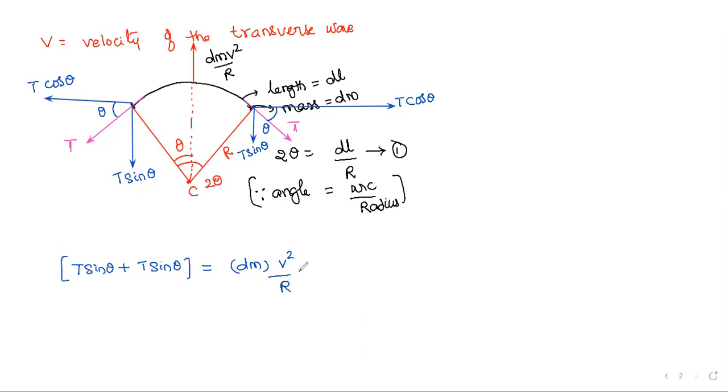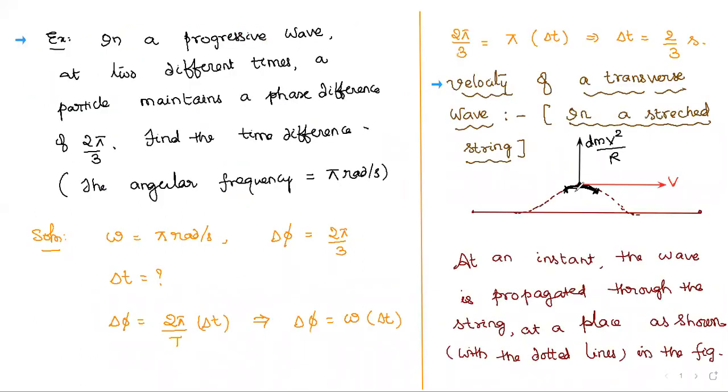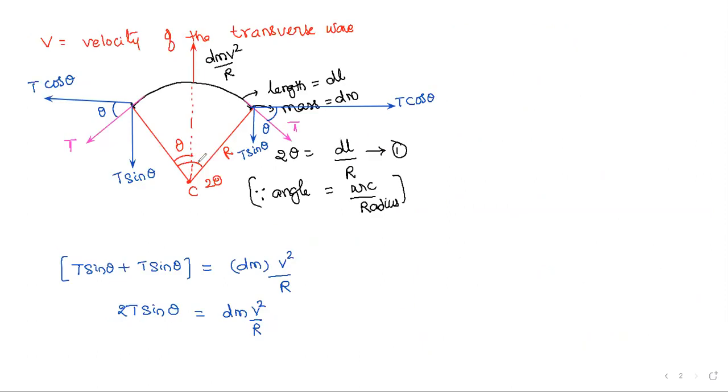Any confusion there for you? Yes, there is no confusion. Okay, very good. Then look here, you will get 2 T sin theta equals dm into v square by r. Since the element I selected here is a small one, that small element makes a small angle at the center.